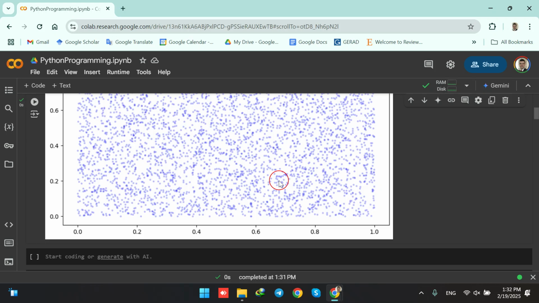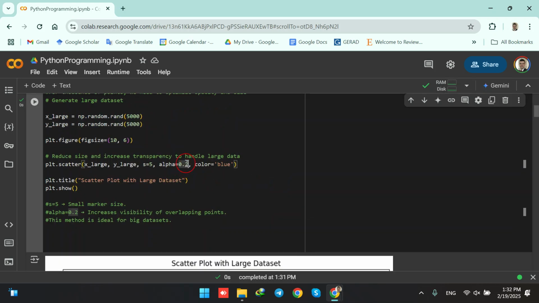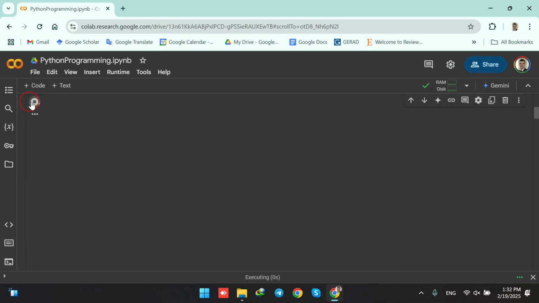The transparency here is shown as 0.2 in this figure, and here you see there is 1 point, 1 point, 1 point. But because we modified the transparency to be 0.2, we can trace the overlap easily rather than having it, for example, at 0.9.